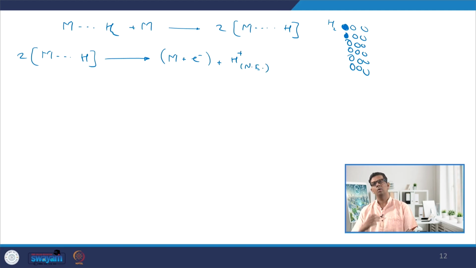It has still not gone into the electrolyte, it is still very near the metal nanoparticle. And since this metal environment is highly hostile for protons, the protons that are near electrode get into the electrolyte. So, H plus in the bulk electrolyte.